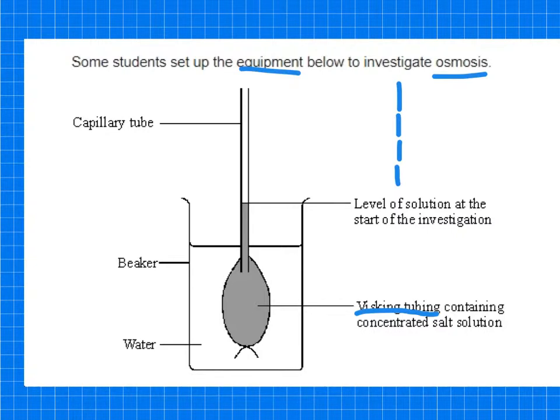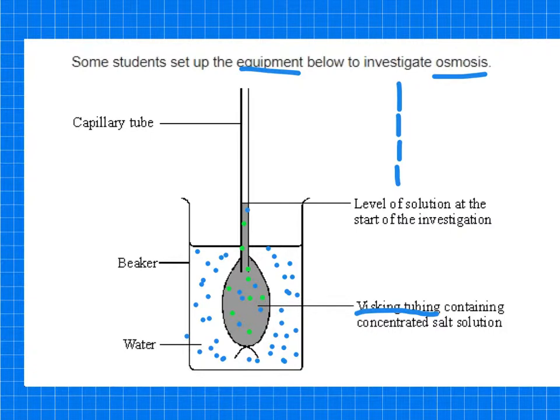And you can see that the visking tubing contains a concentrated salt solution compared to the water outside. So if I just put the water molecules on the outside here, and I've added the salt molecules with the water inside the visking tubing.